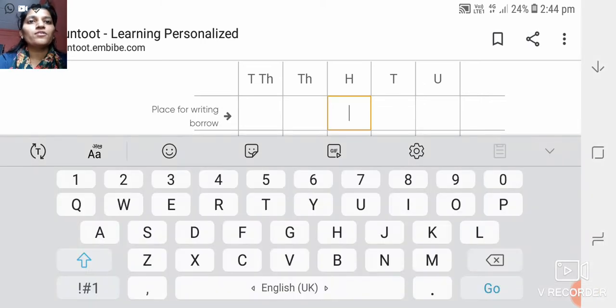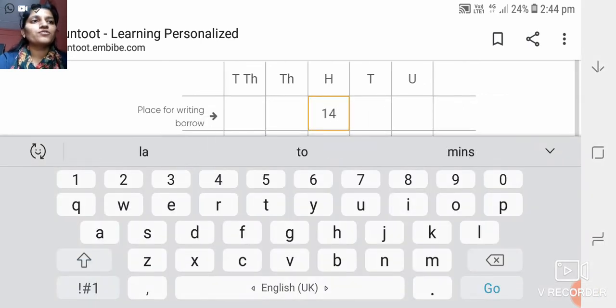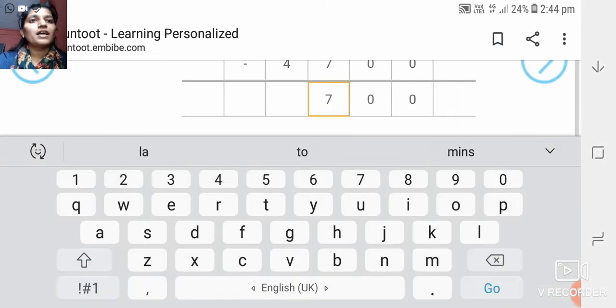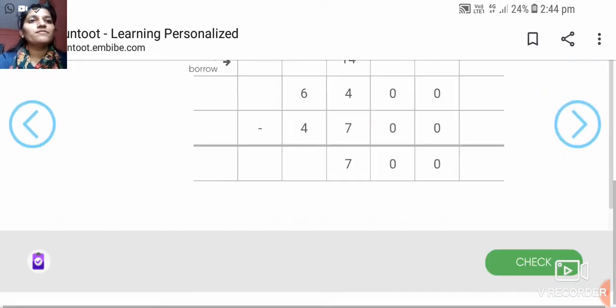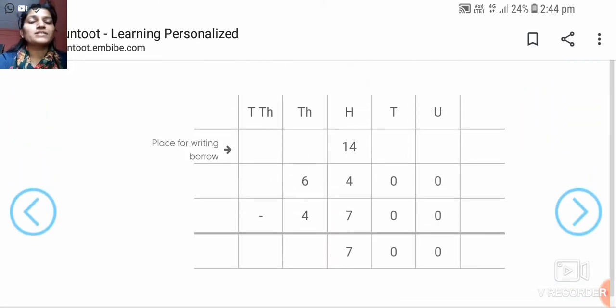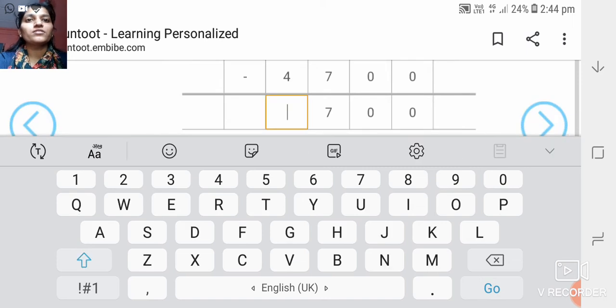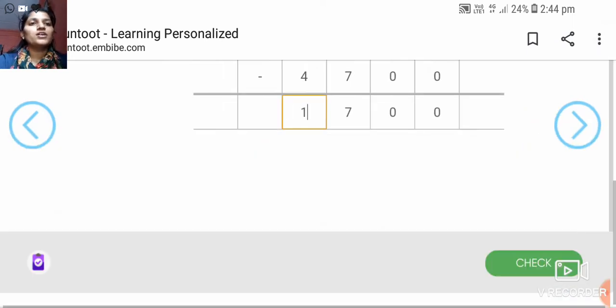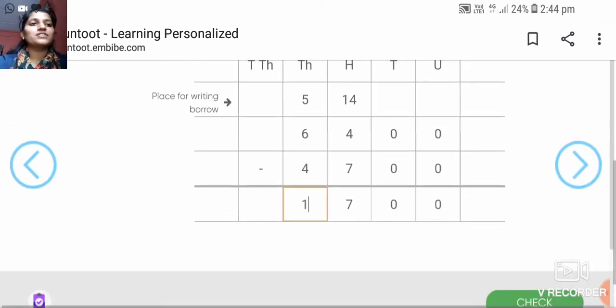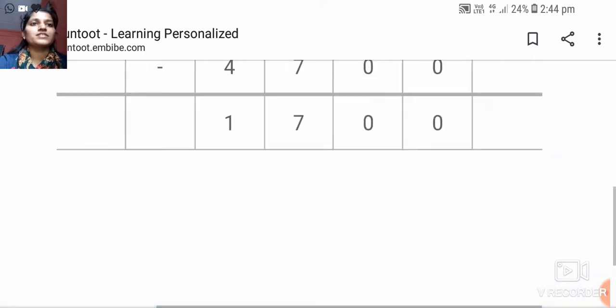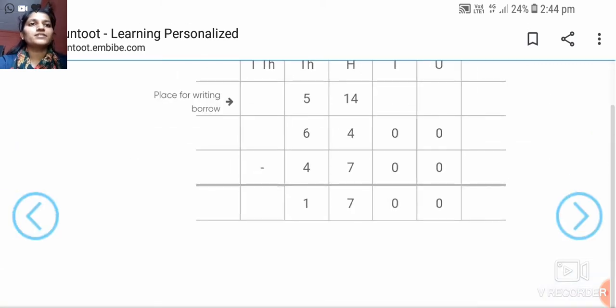So instead of 4 we are going to write 14. 14 minus 7, 7. And now here we have 6 in the thousands place, but as we have borrowed one from the thousands to the hundreds, we are going to write 5. 5 minus 4, 1. Okay, so our final answer is 1,7000. Let's check the answer. Yes, our answer is correct.